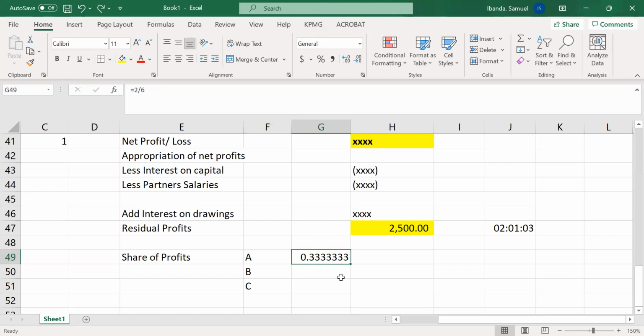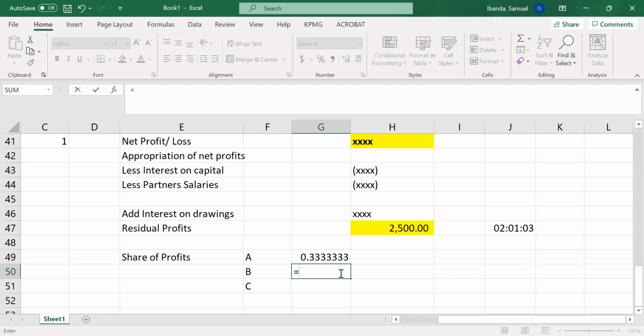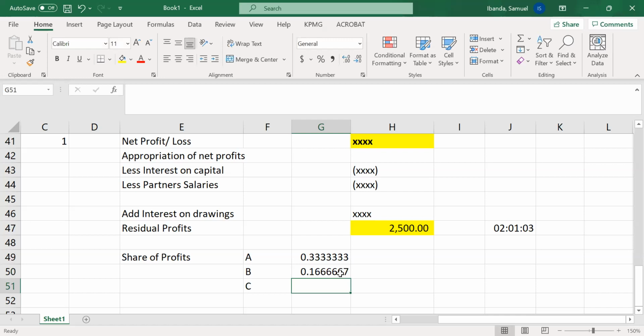It's actually 0.333. And then B, it is 1 divided by 6, which is that. And then 3 divided by 6, which gives us 0.5. Okay.